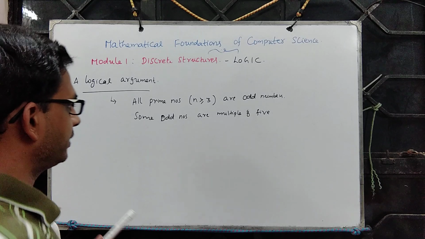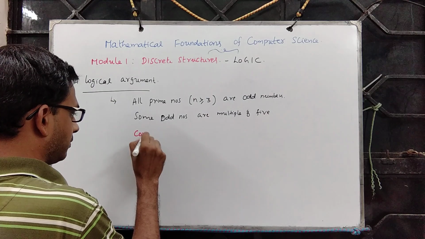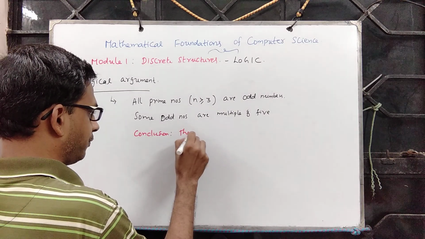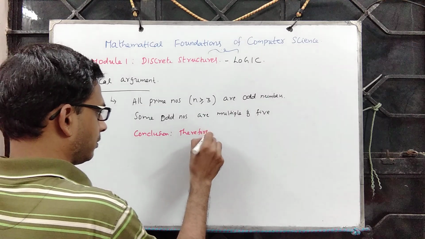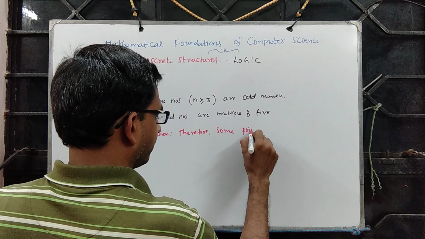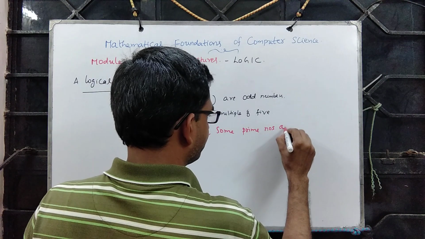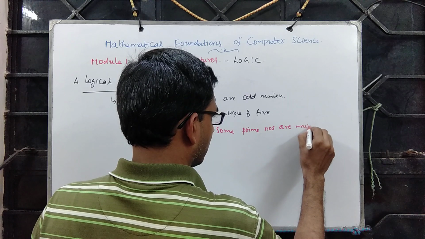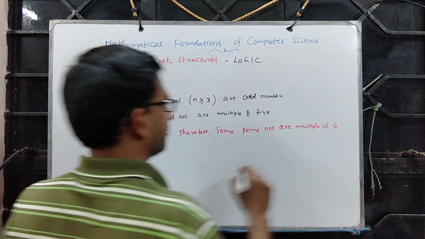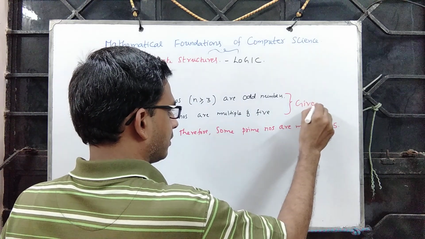So given these two, we conclude this. So conclusion, therefore some prime numbers are multiple of 5. So this is given.